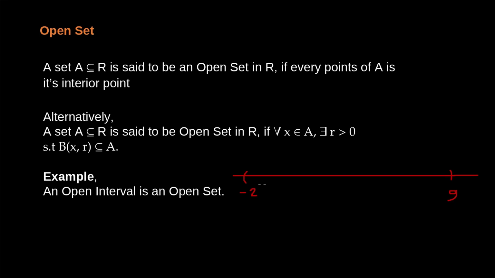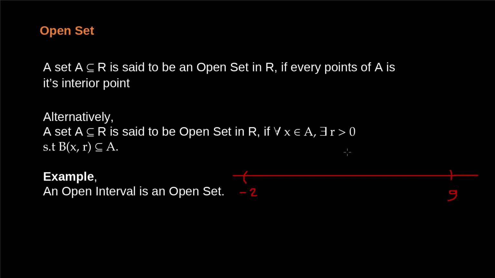So this is the open interval -2 to 9, which includes all the points between these numbers -2 and 9, but excludes these two boundary points -2 and 9. These are not included in the open interval.